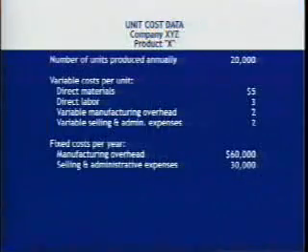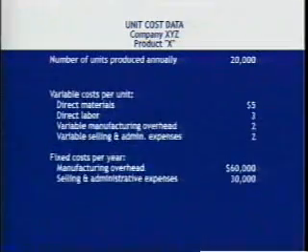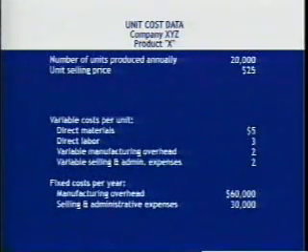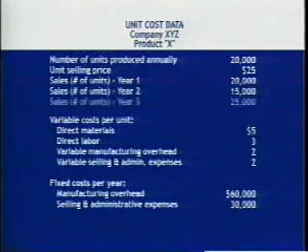To see how this works, we'll use the cost and production data seen previously. To this, we add a unit selling price of $25 and sales and production volumes for each of 3 years. Notice that the units produced remain stable at 20,000 per year, while the sales volume varies from production volume in years 2 and 3.